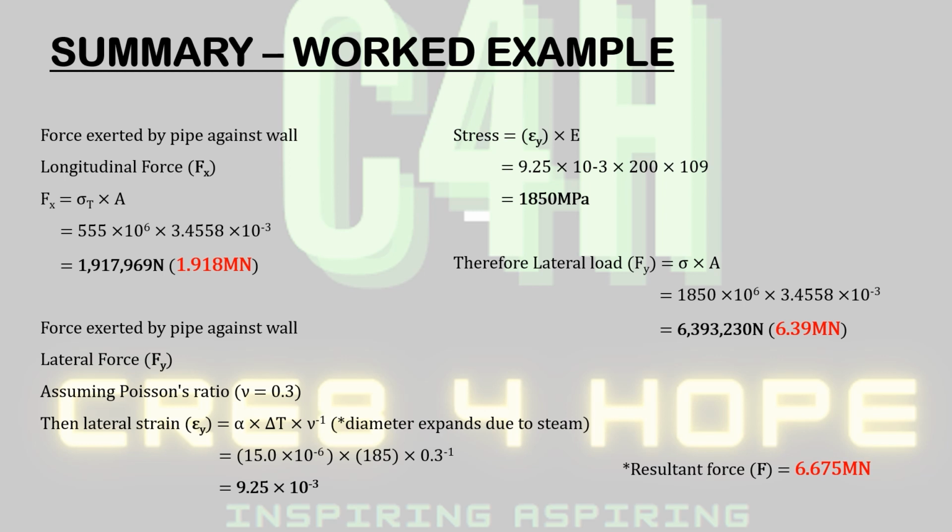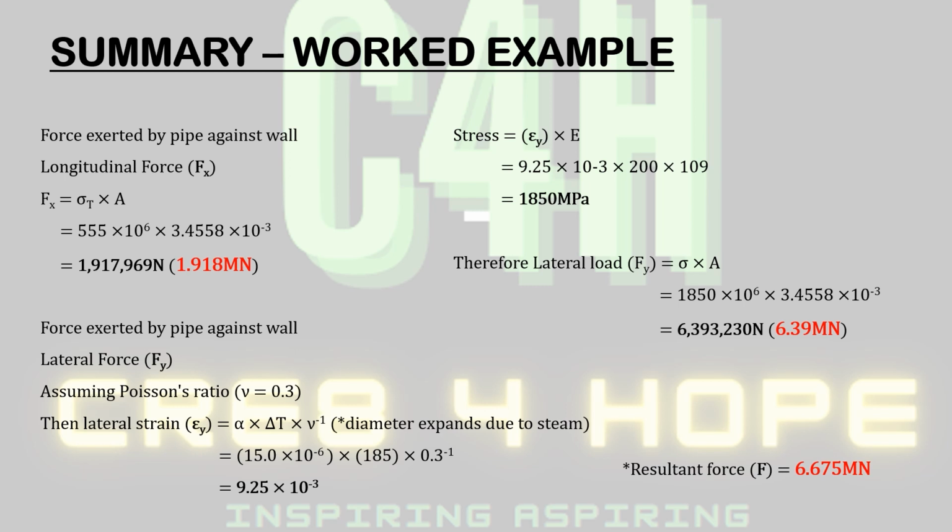Now, since we're assuming that the pipe is expanding due to maybe constrictions in the pipe, we're going to assume that in this context the lateral strain will be larger than the longitudinal strain. So to calculate the lateral strain, that will be equal to alpha times delta T divided by the Poisson ratio, if we're assuming that the diameter of the steam pipe is expanded.